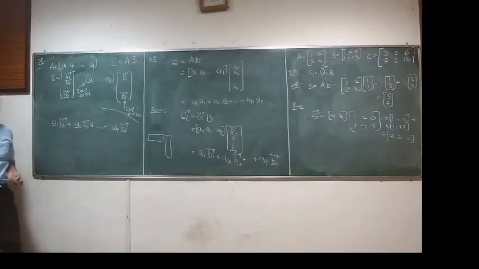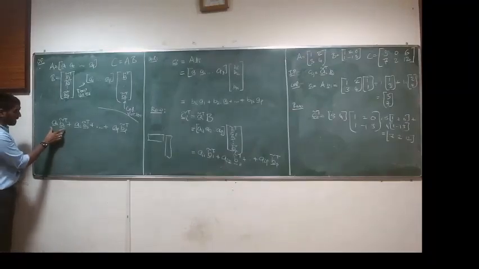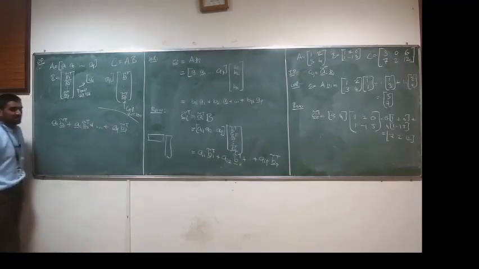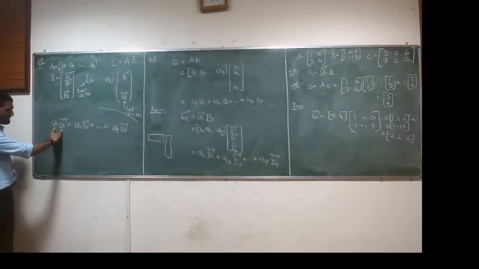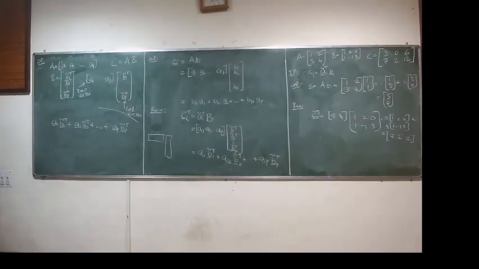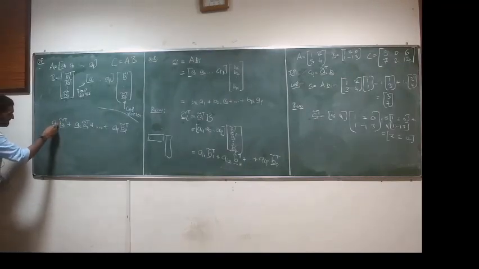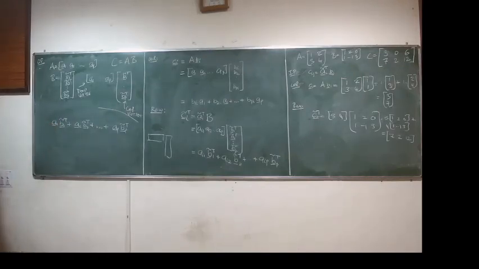Am I allowed to do something like this? What I mean by that is, am I allowed to do this individual multiplication here? Is that a valid operation? I am doing a matrix multiplication here, but is that a valid matrix multiplication? All you have to do is check if the rows of this match with the columns of this, that's all. No?